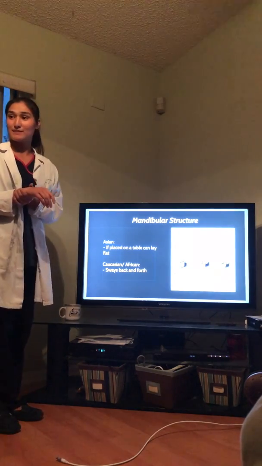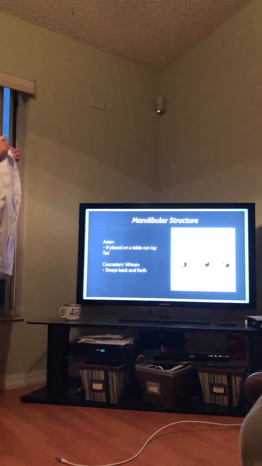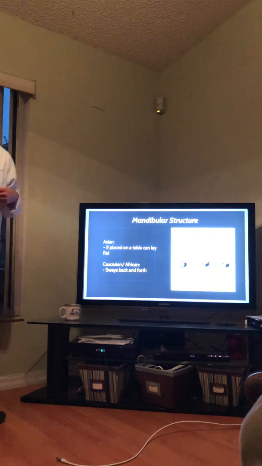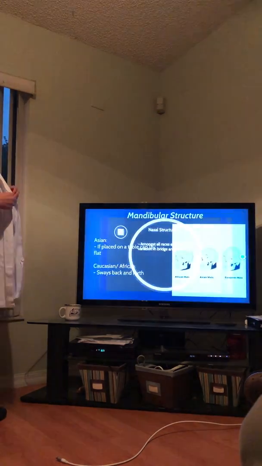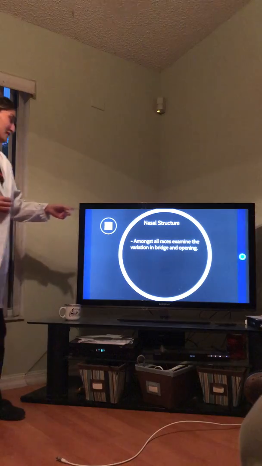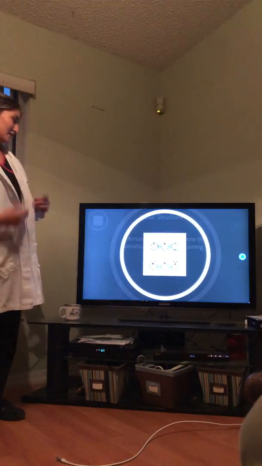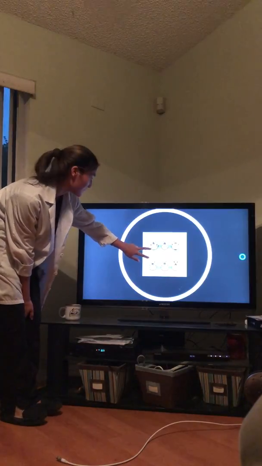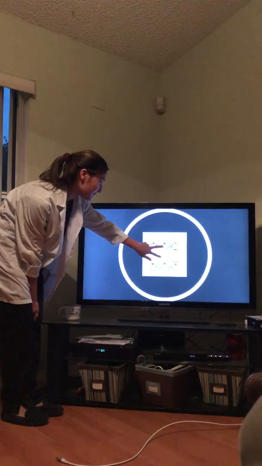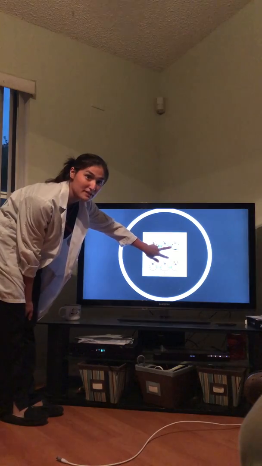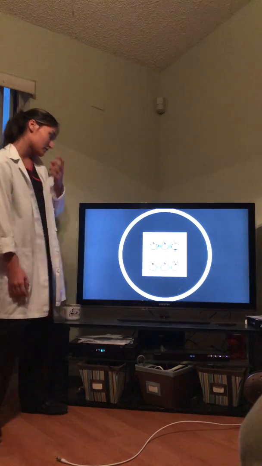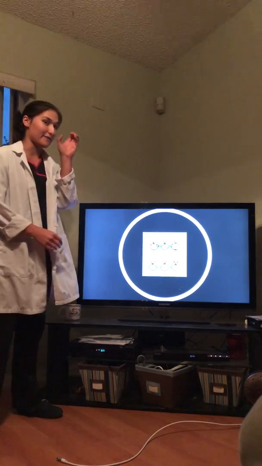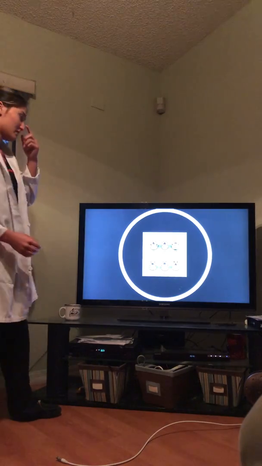So another aspect to be able to identify ethnicity is their nasal structure. If you look at these, they are African male and female, Asian male and female, and Caucasian male and female. African nasal structures typically have a very round nose, very wide opening.